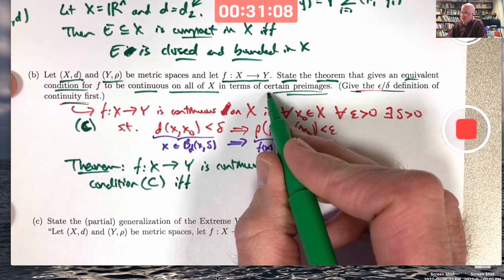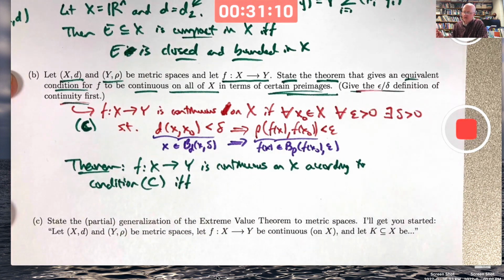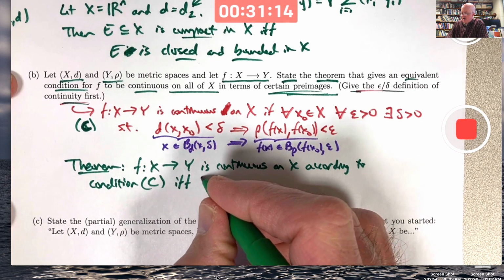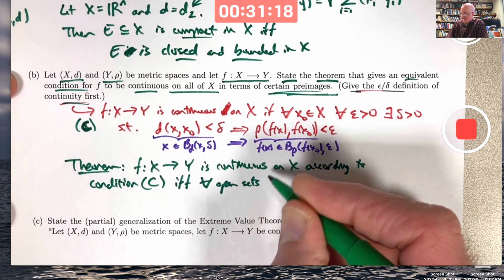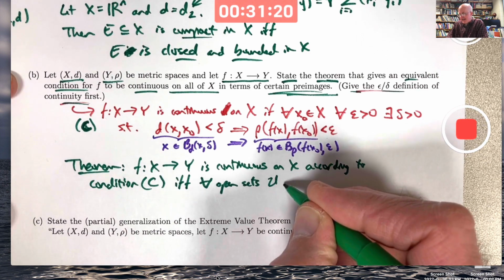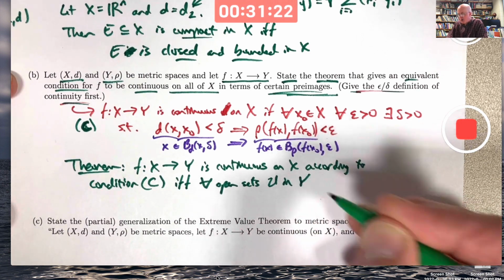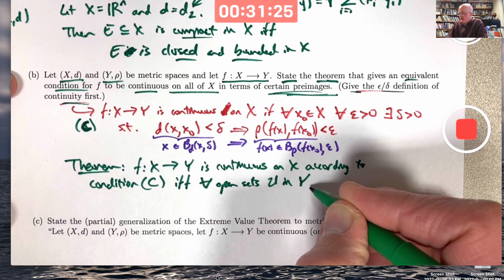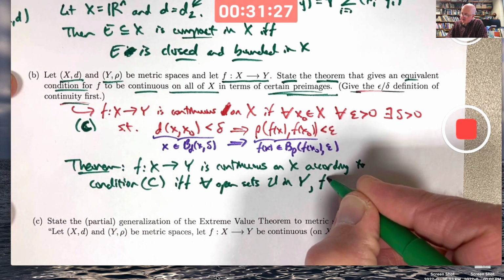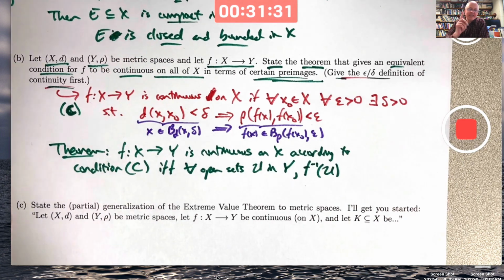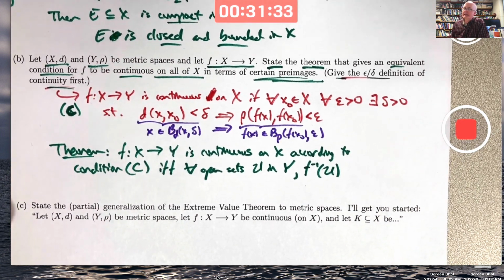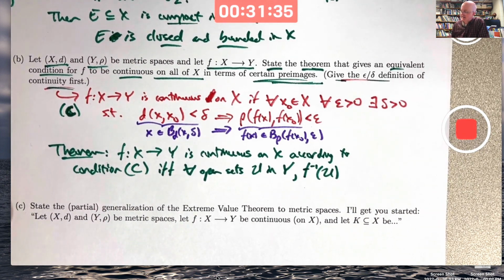continuous in terms of certain preimages, inverse images they're called. Here it is. For all open sets, call them U, in the target space, the codomain Y, the preimage f inverse of U, which exists even if f is not one-to-one. You can still define this set.